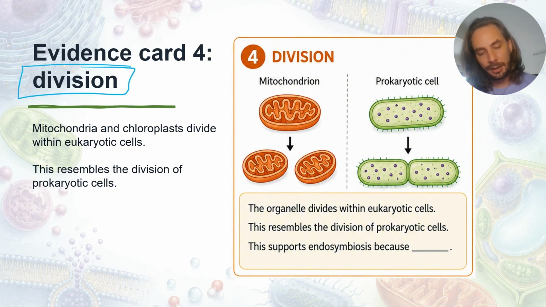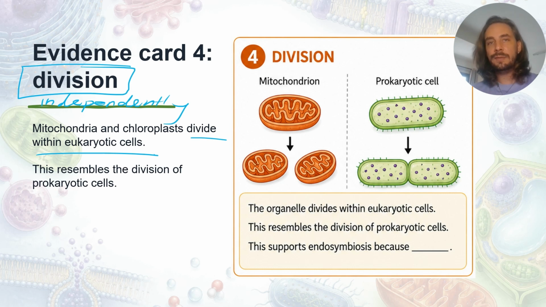So let's look at the next evidence, and this is also the last piece of evidence: division. Mitochondria and chloroplasts divide within eukaryotic cells, and they do that independently, meaning it's not just when the bigger cell divides that they divide. They divide on their own. This type of division, called budding, also resembles the division of prokaryotic cells.